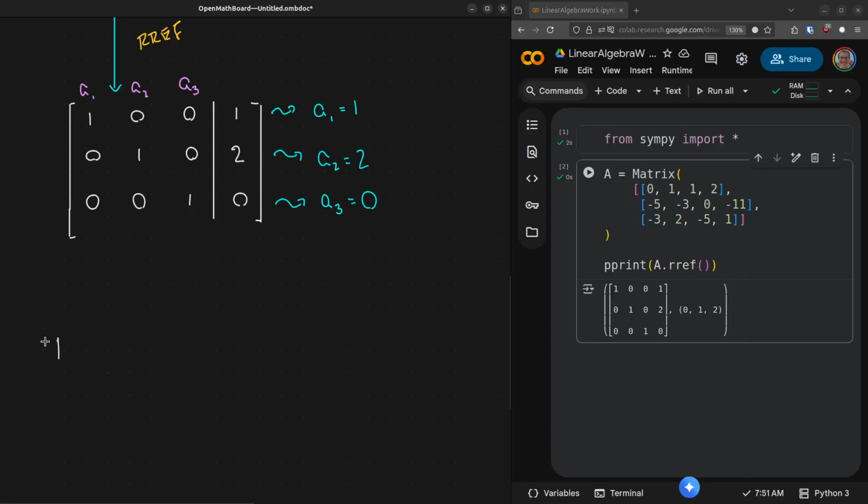So the transformation of 2x squared minus 11x plus 1 is 1, 2, 0, the coordinate vector of the polynomial with respect to basis B.